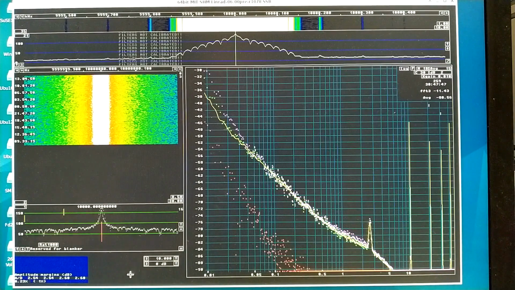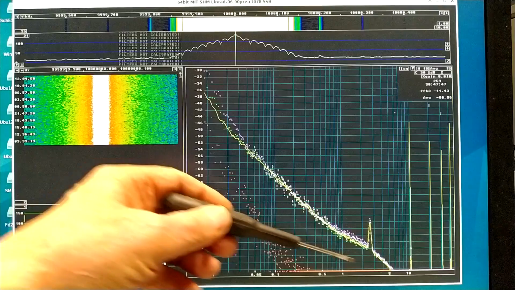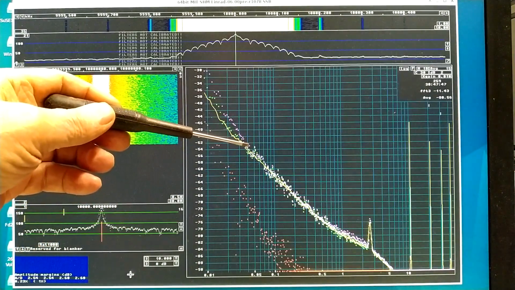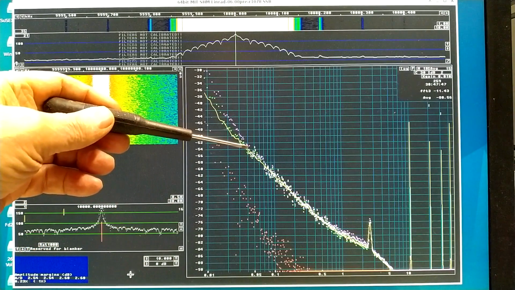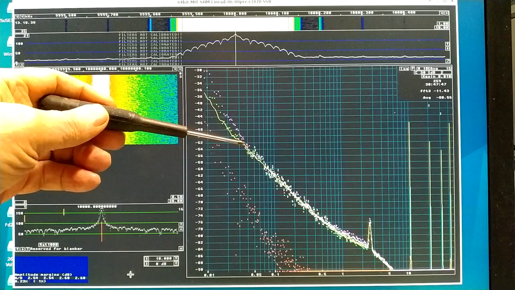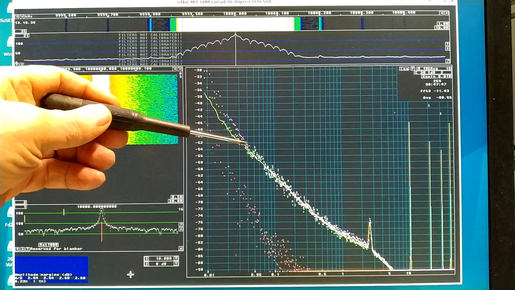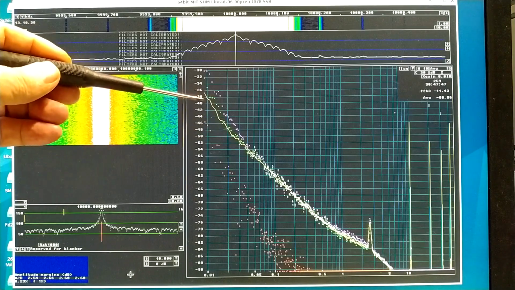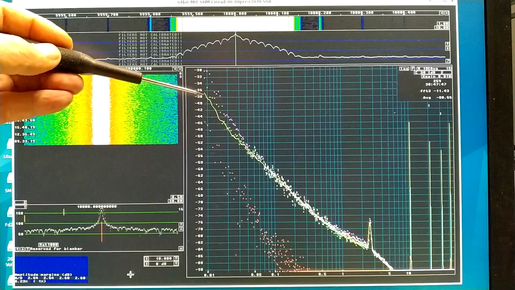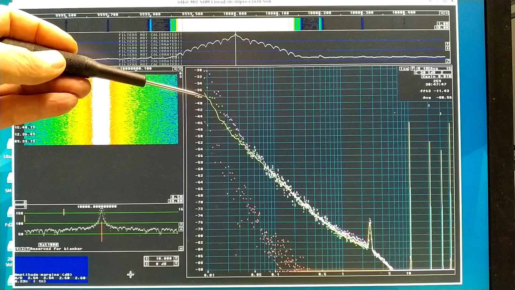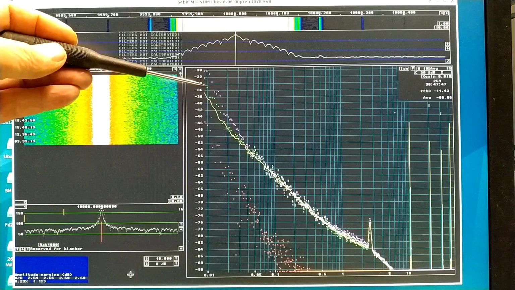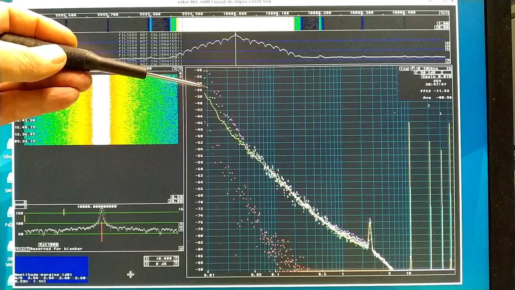And what I can see here is that my oscillators are significantly better than the rubidium oscillator. At 0.01 hertz, the yellow trace, which is the noise of the rubidium oscillator, is about 3 decibels below the noise in channel 1.